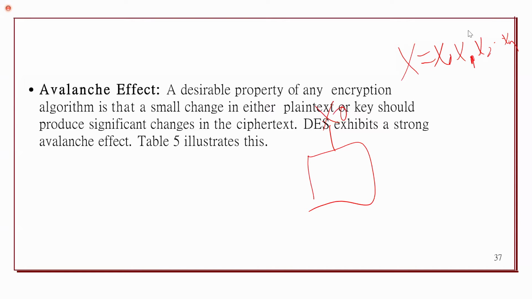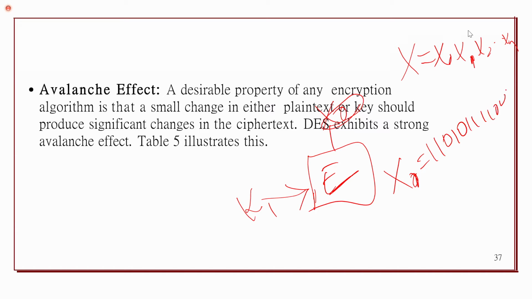If X0 is given block subkey K1, then suppose there is any modification in this block, a single bit. Suppose the size of X0 is 64 bits, 11010, like this.